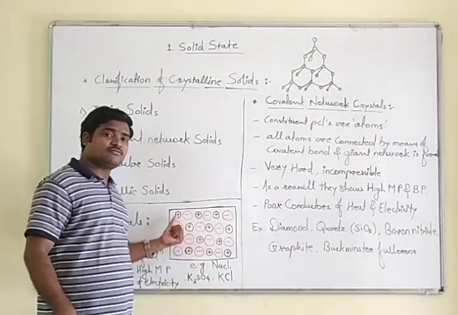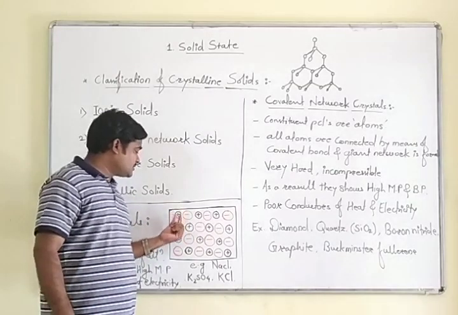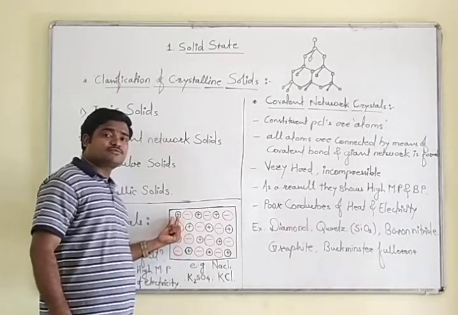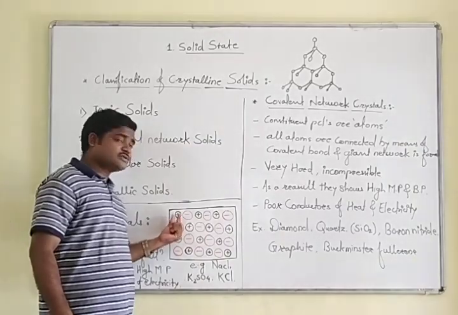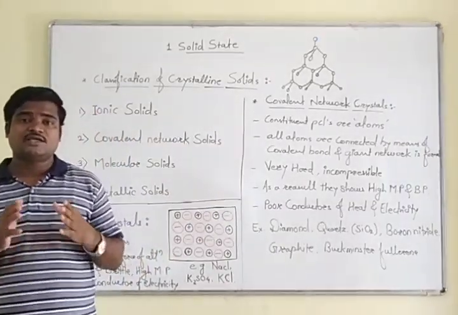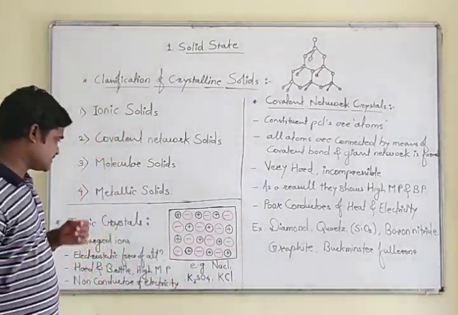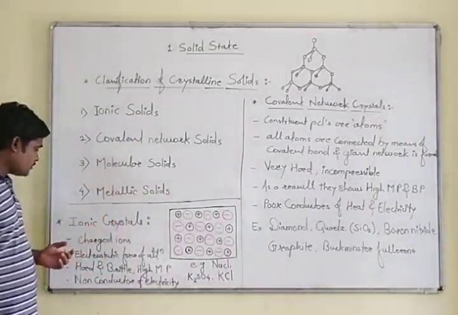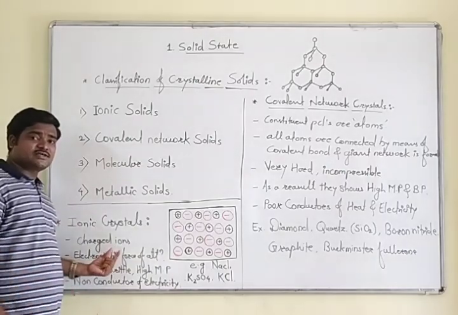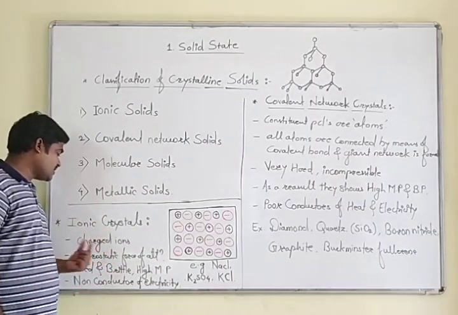Due to the loss of a shell in sodium, its atomic size decreases, therefore sodium is smaller and chlorine is bigger. This is the case. Now we are going to discuss the different features of ionic crystals.